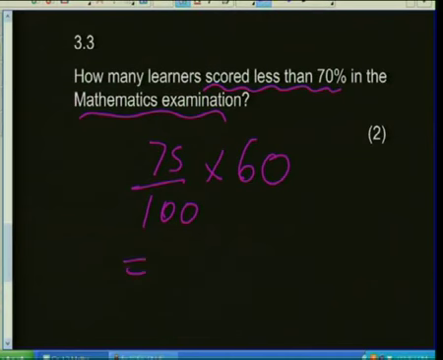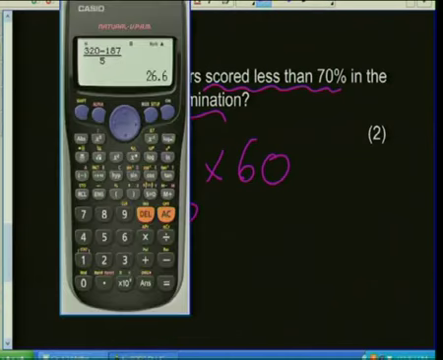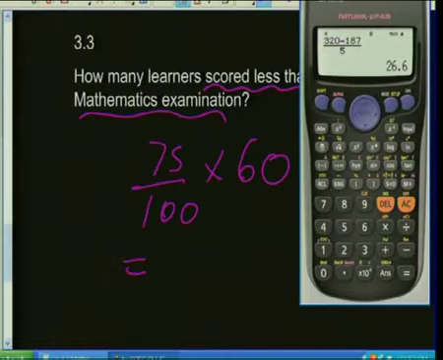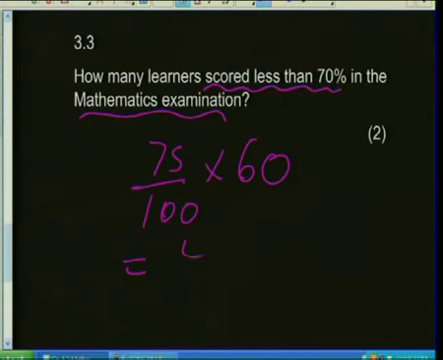You can just put this in a calculator and get the answer. So 75 over 100 times 60, then you get 45 learners who scored less than 70% for this mathematics examination.